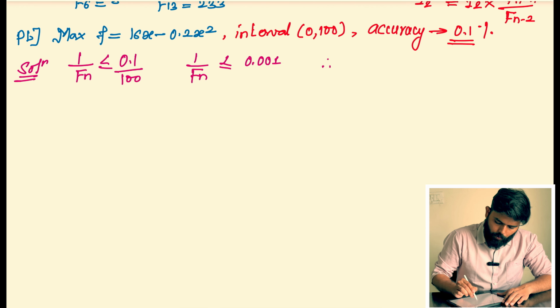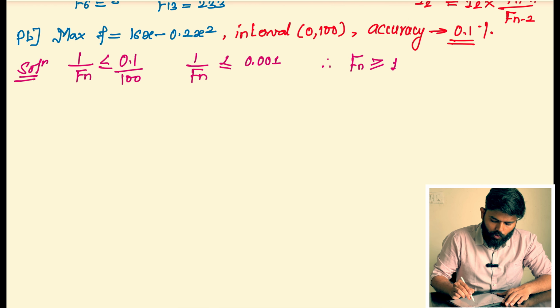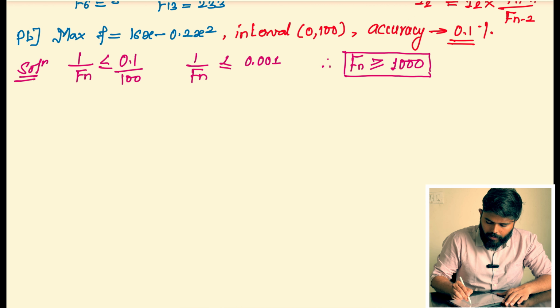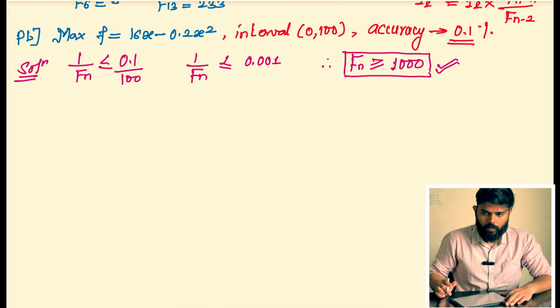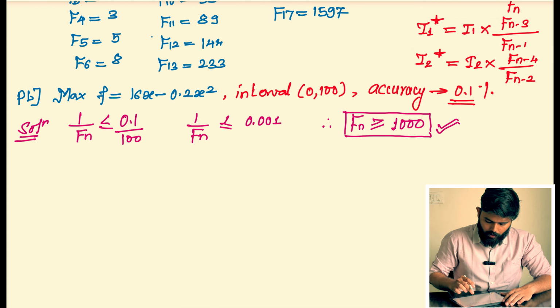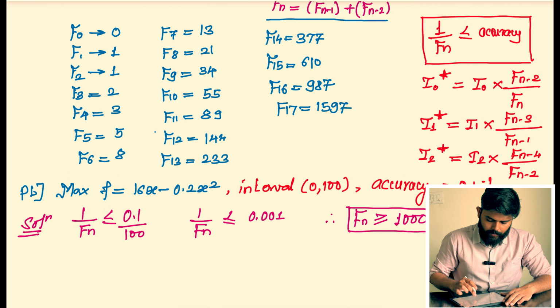We will take the reciprocal, and while taking the reciprocal, the sign less than or equal to becomes greater than or equal to. So the reciprocal of 0.001 is 1000. So in this numerical, it is evident that the value of Fn should be just greater than or equal to 1000. So let us refer to our series.